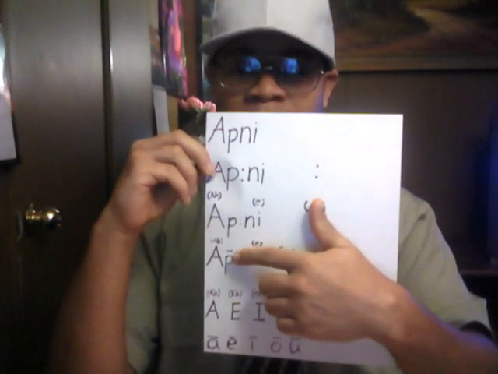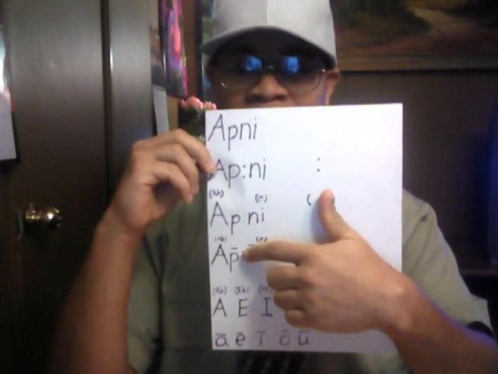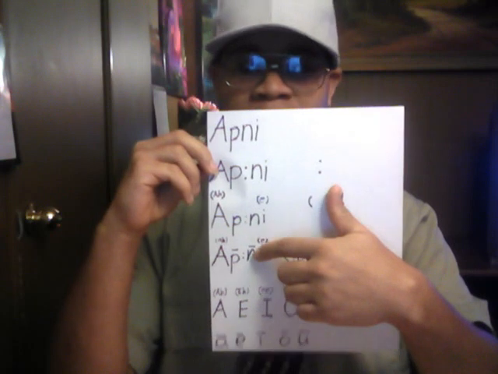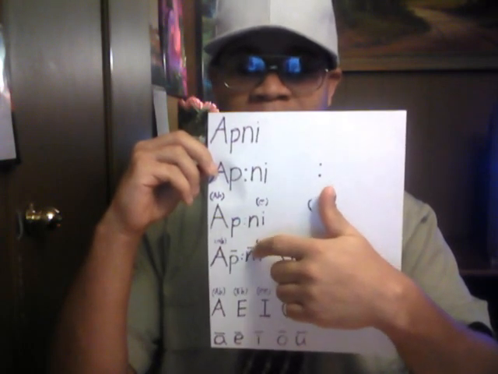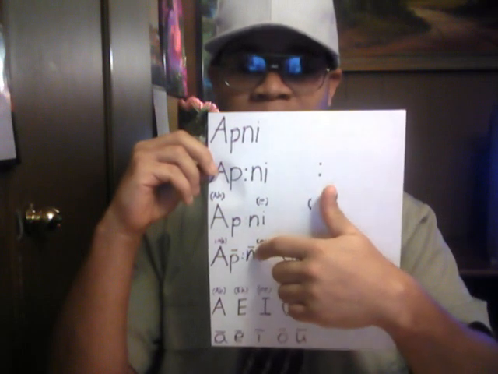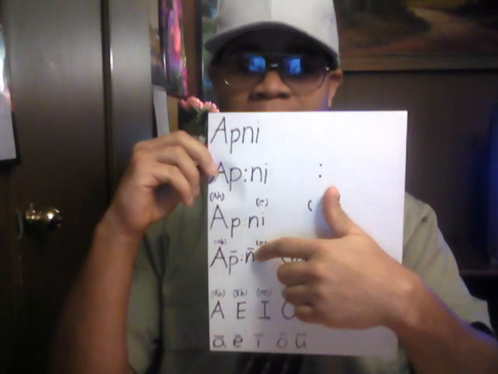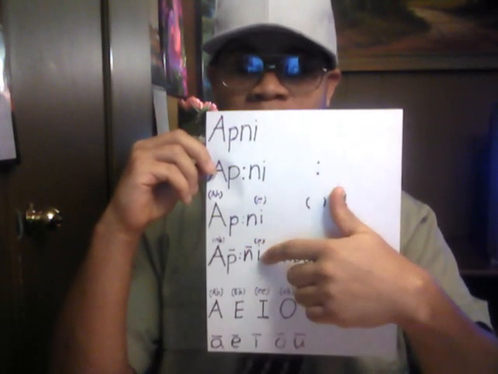So the A is a Bangla sound, and the P is a regular English sound, and the N is a regular English sound. Now you don't have to put the slashes on top, because these are always normal, like the normal English sounds. But this is just to show you how the sounds work.